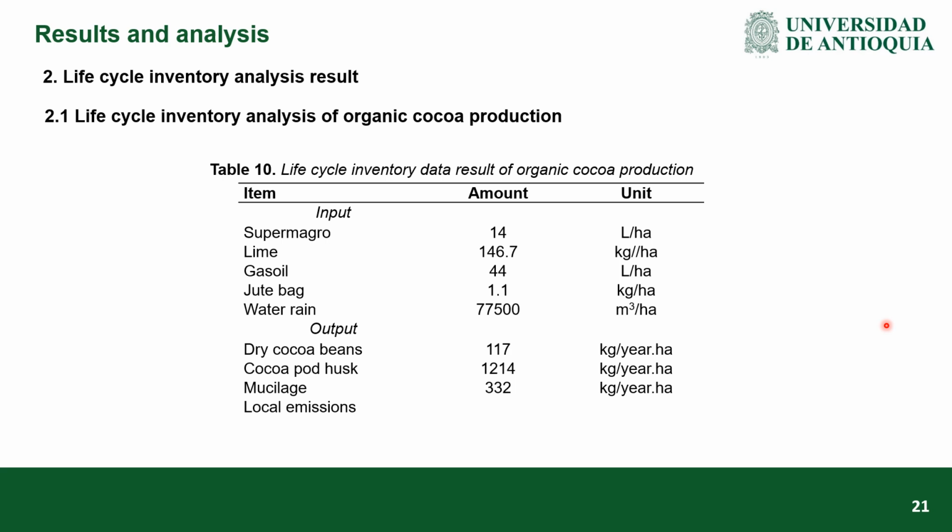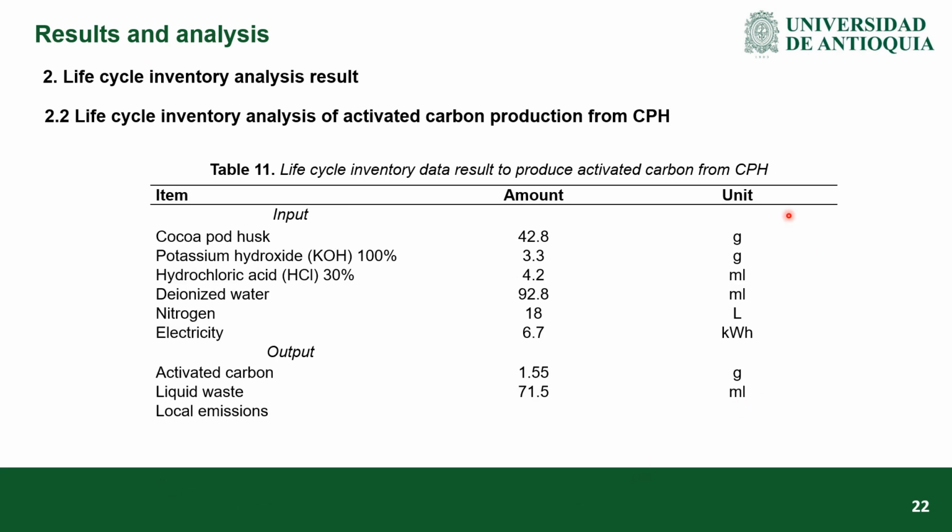In the life cycle inventory analysis results, the amounts of inputs and outputs were obtained for each of the process analyses. In this table 10, we can see the result corresponding to the organic cocoa production. Table 11 shows the results of the amounts of inputs and outputs to produce activated carbon from CPH.